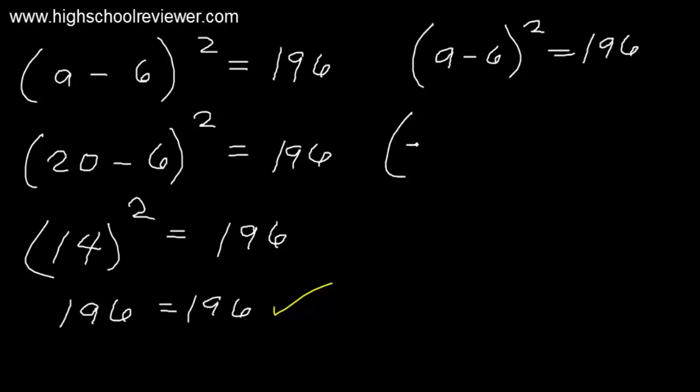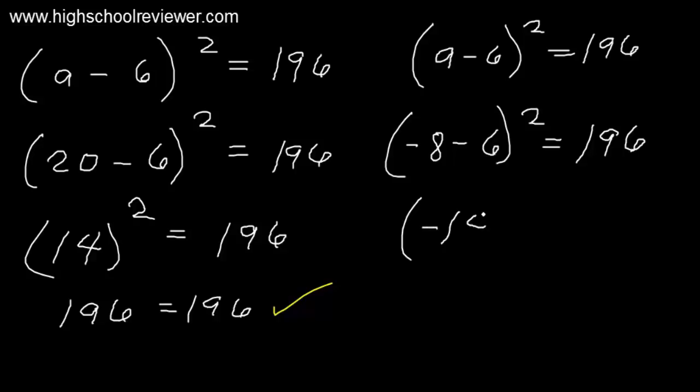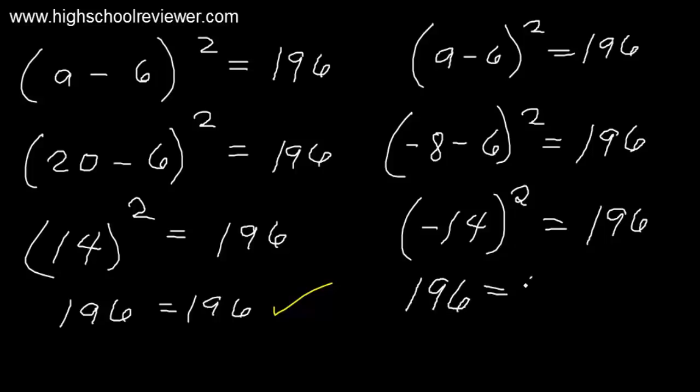So our a here will be negative 8 minus 6 raised to the power of 2 equals 196. Now negative 8 minus 6, that is negative 14 raised to the power of 2, that will be equal to 196. So again, the value for x, which is negative 8, is also correct.